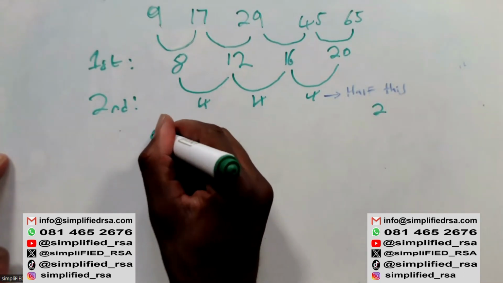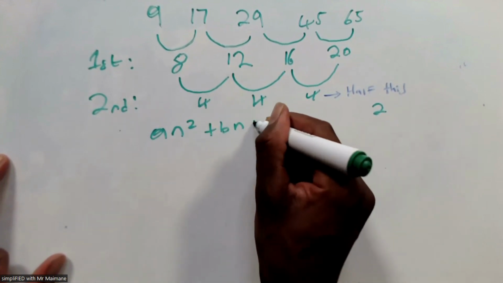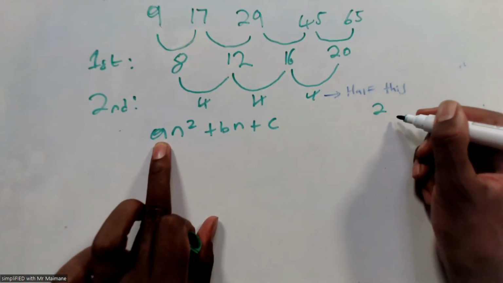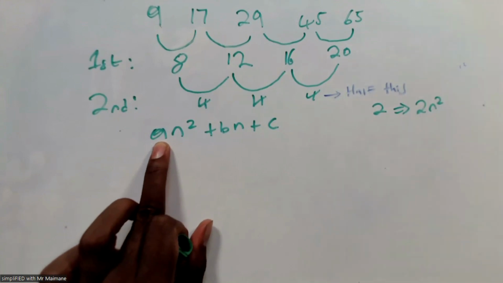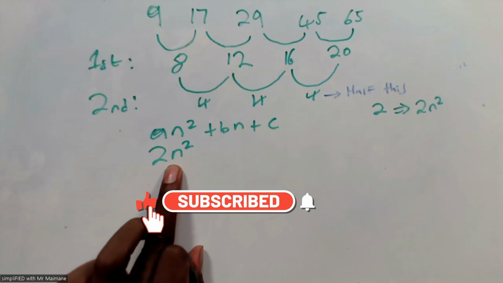So from an squared plus bn plus c, already for the value of a, I know that a will be 2. So I'll have 2n squared as my first term.